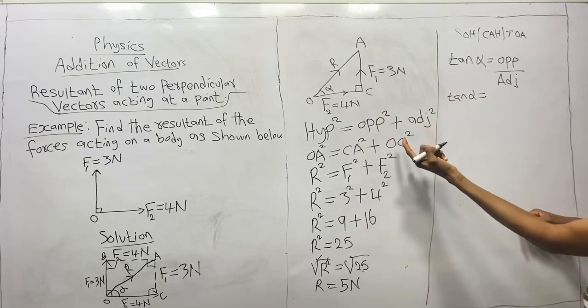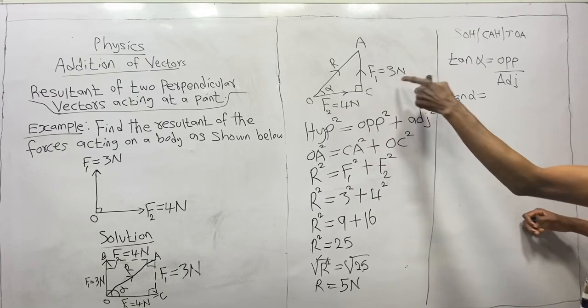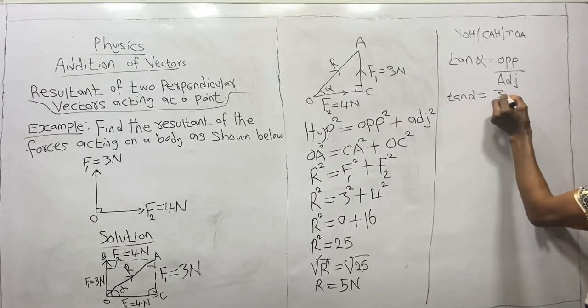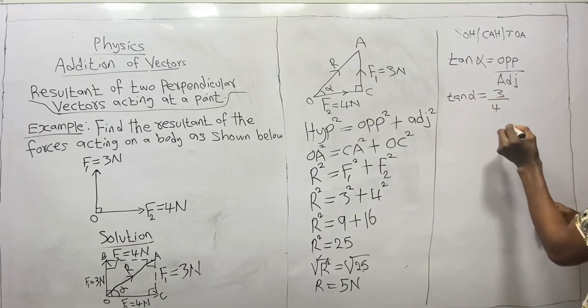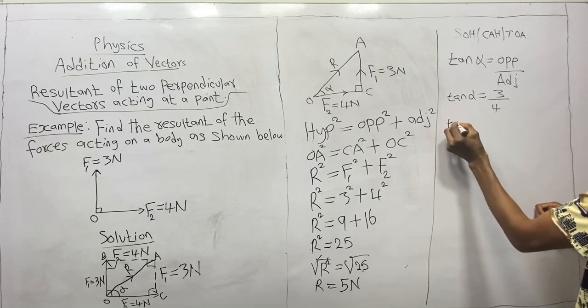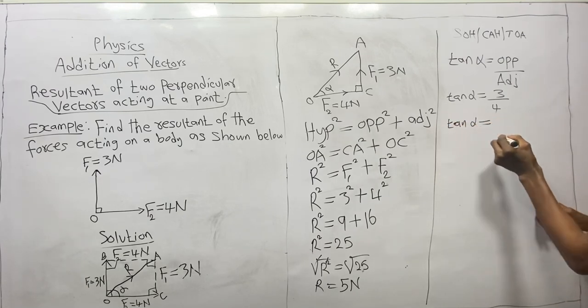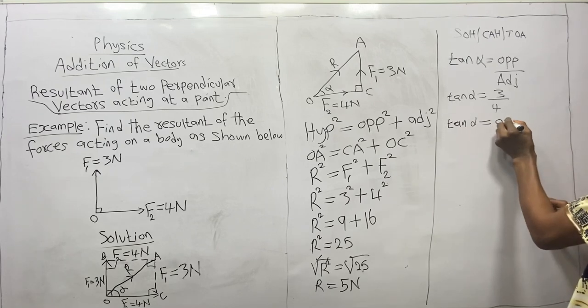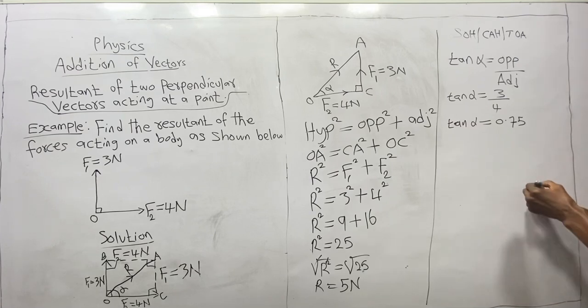Your opposite, we've gotten the opposite to be 3. So we have 3 over, and the adjacent to be 4. So your tan alpha is equals to 0.75.